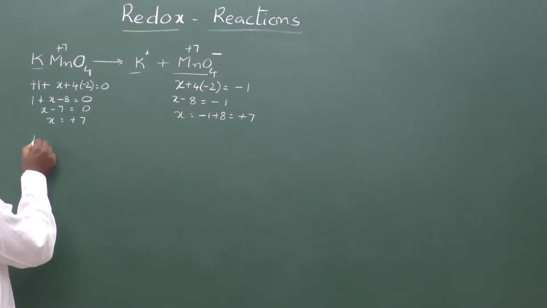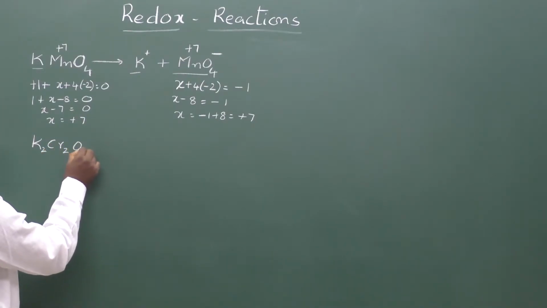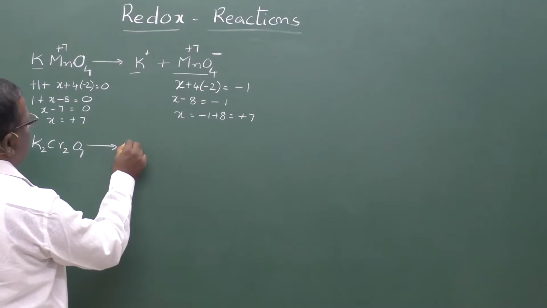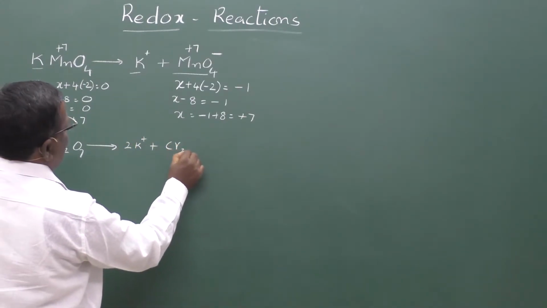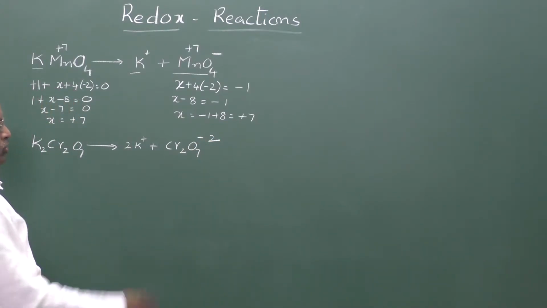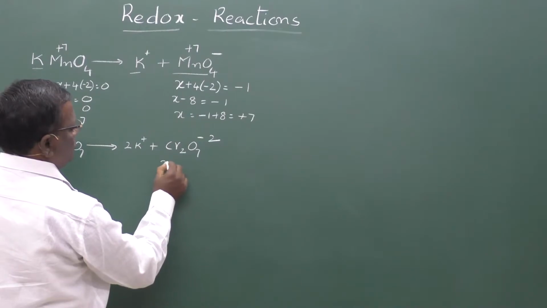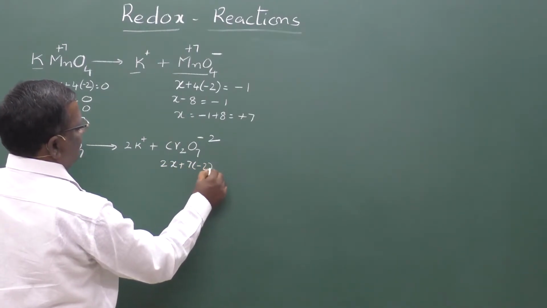Similarly, we can observe that K2Cr2O7 in aqueous solution ionizes as 2K+ and Cr2O7 2-. Here 2 chromiums are there, so 2X plus 7 oxygens, 7 into -2.